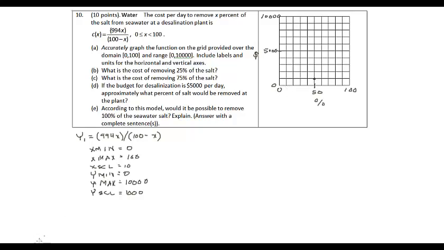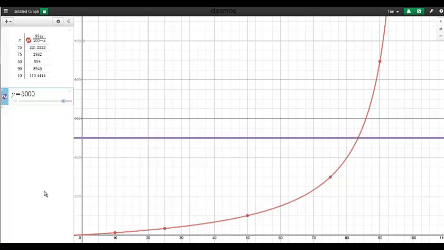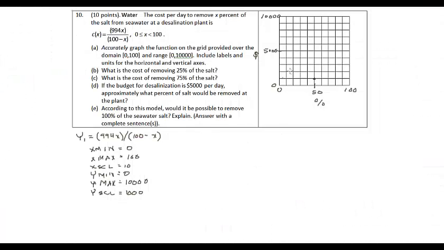And at 10, it was 110, barely above the x-axis. Then I'm going to go ahead and answer these for 25% and 75% and get a couple more points, because here's 25%, and here's 75%.